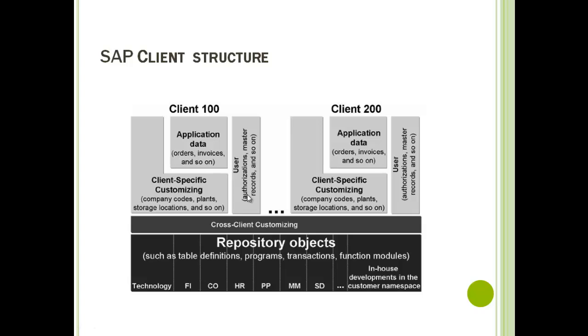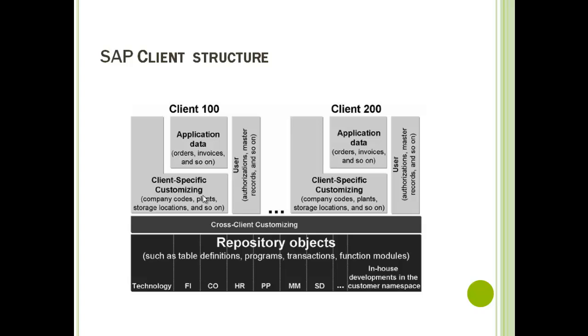Same like this, we have application data. Orders, invoices, purchase orders, whatever data is created in client 100 will not be available in client 200. So this is client specific data. And client specific customizing, like creating a company code or creating a plant, is all customizing which is client specific. This client specific customizing is only available in the particular client.